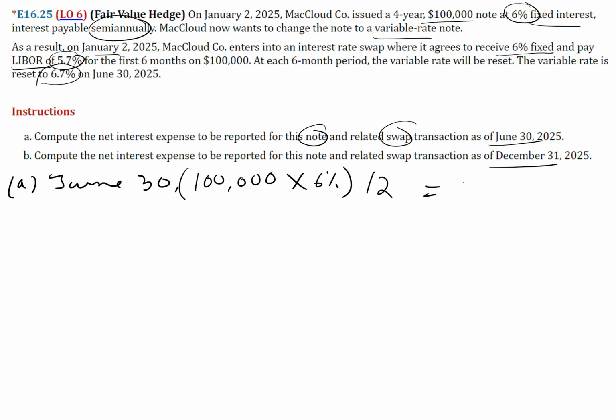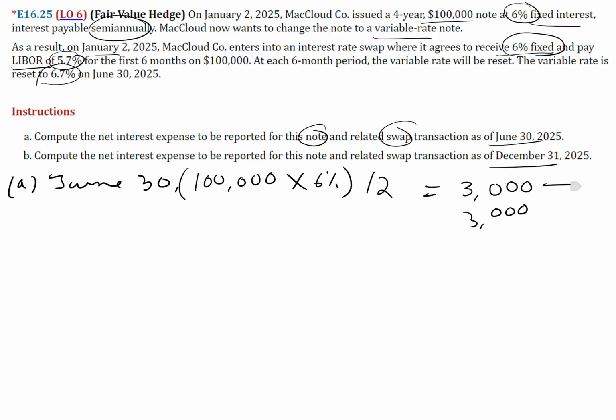So this will be $3,000. But remember, from the swap counterparty, he will receive the same fixed 6% rate. So he is receiving again the same rate, $3,000.